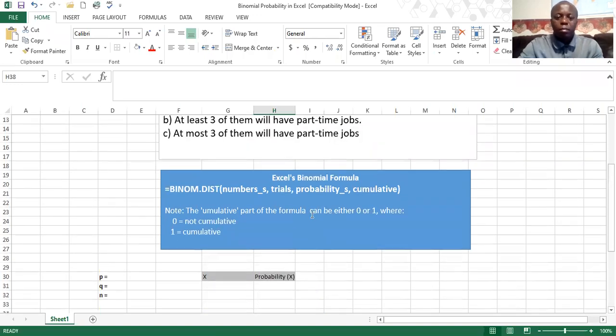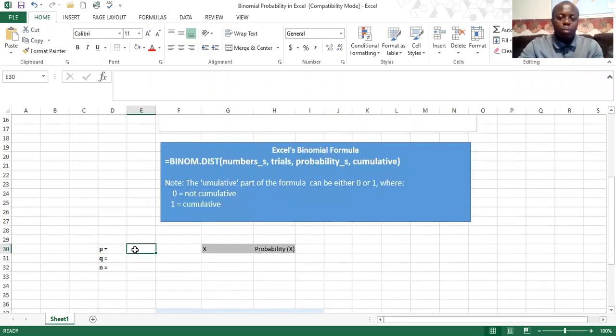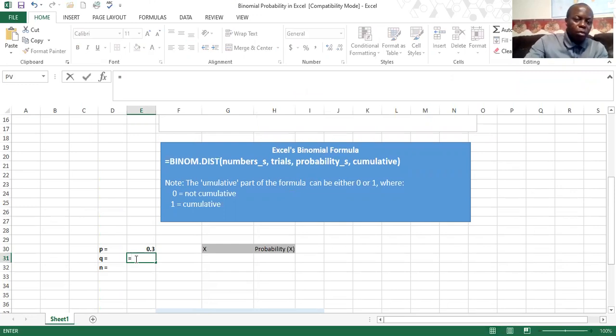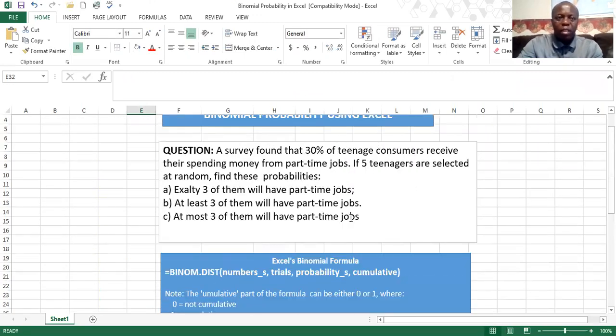So let's do it. Here our p is 30%, which is 0.3. Since we're using Excel, we don't really need q because it's already factored into the formula, but I'm going to show you how to get it anyway: 1 minus p, which is this. And the number of trials is 5, since there are 5 teenagers selected.